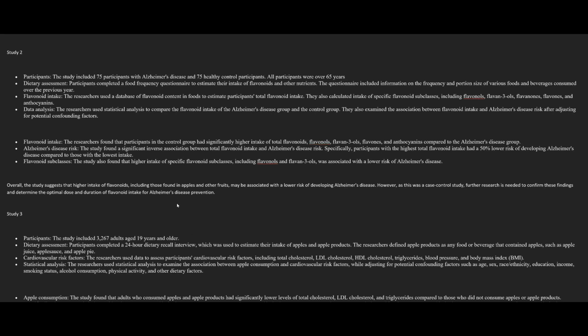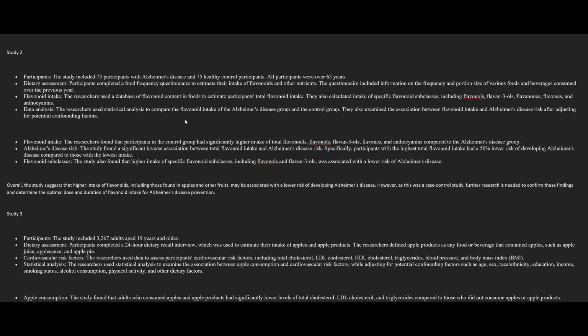Participants. The study included 75 participants with Alzheimer's disease and 75 healthy control participants. All participants were over 65 years. Dietary assessment. Participants completed a food frequency questionnaire to estimate their intake of flavonoids and other nutrients. The questionnaire included information on the frequency and portion size of various foods and beverages consumed over the previous year.